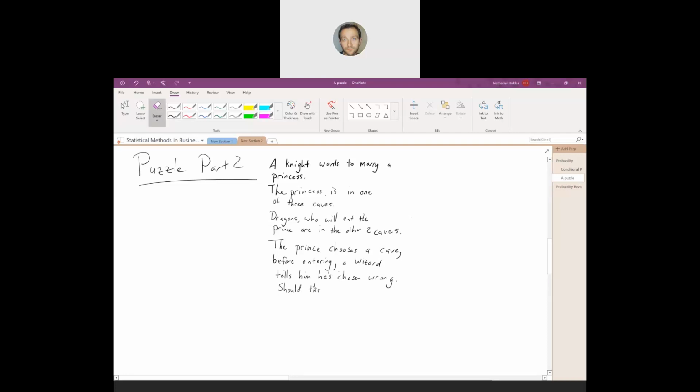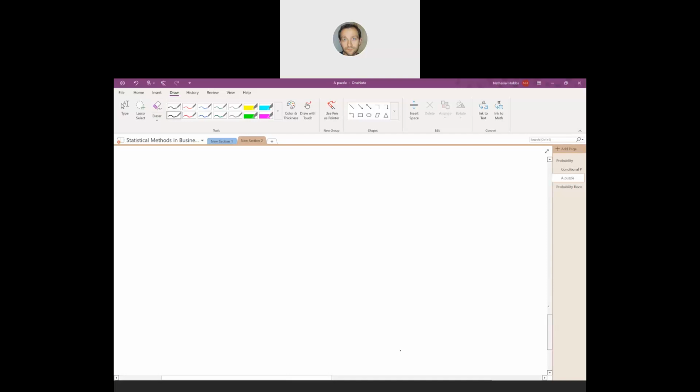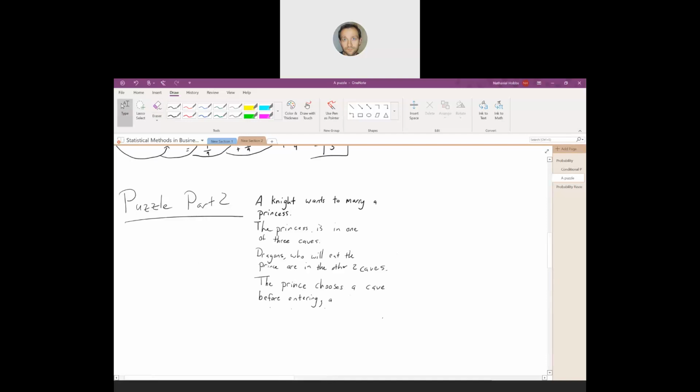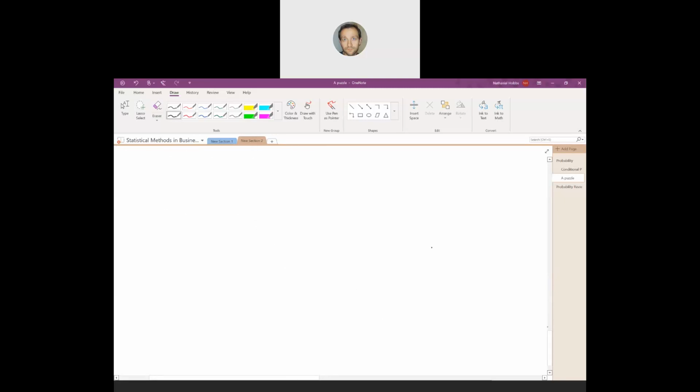Sorry, I'm bungling this a little bit. This is a cave before entering. Sorry, I really don't know why my screen's jumping around like that.